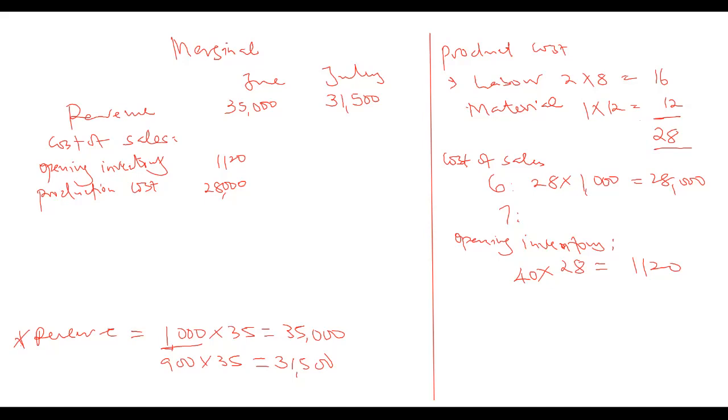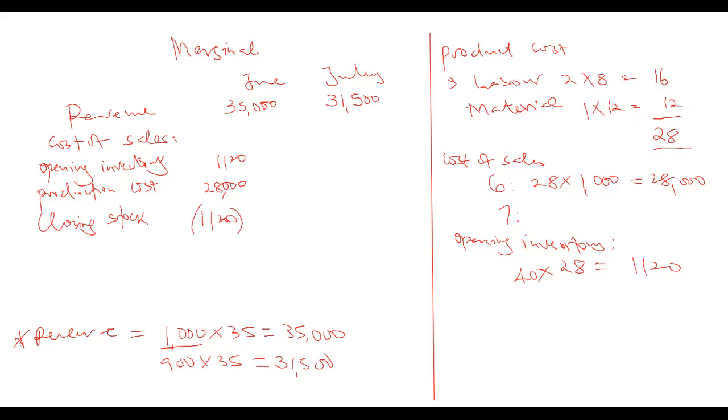So the total units the company had for the month of June was 1,040: the 1,000 produced plus the 40 at the beginning of the month, minus the sale, which was 1,000. Therefore, what remains at the end of the month is 40, the closing stock. 40 times 28 remains the same, 1,120.